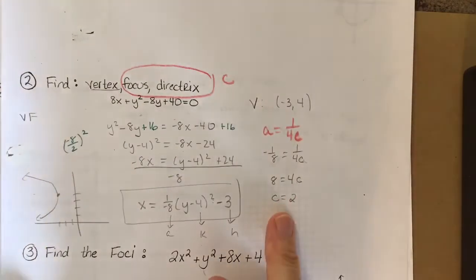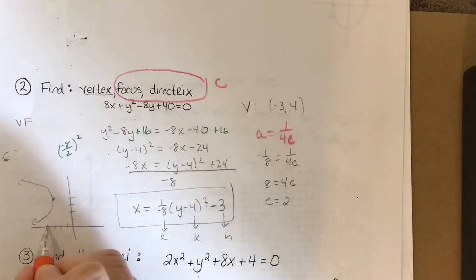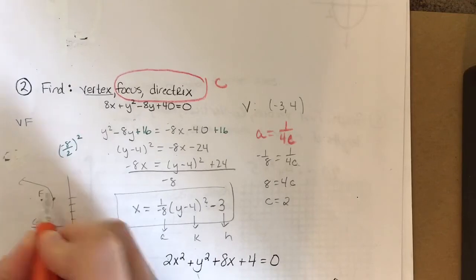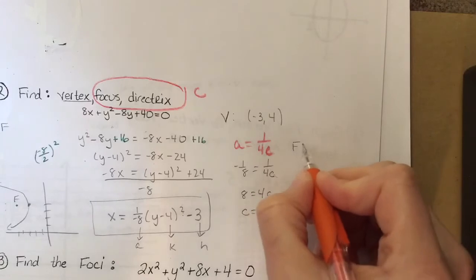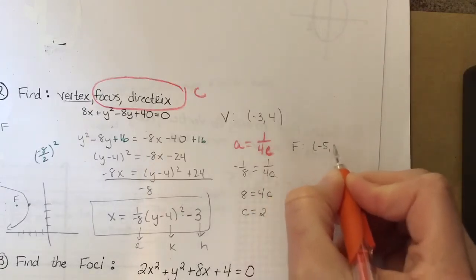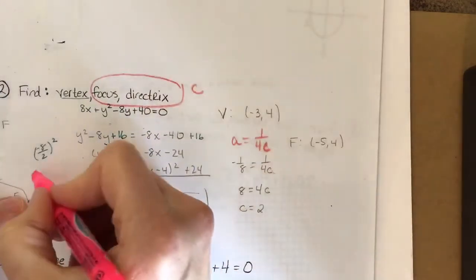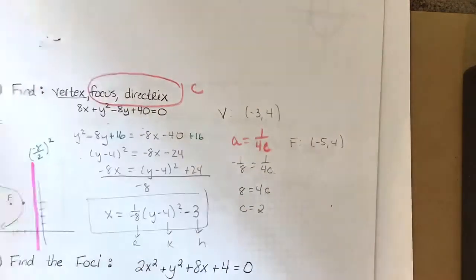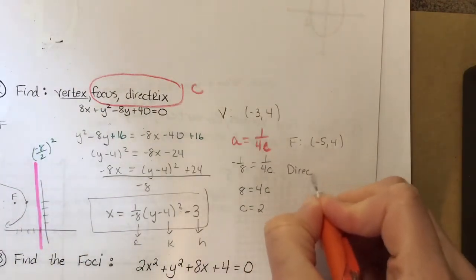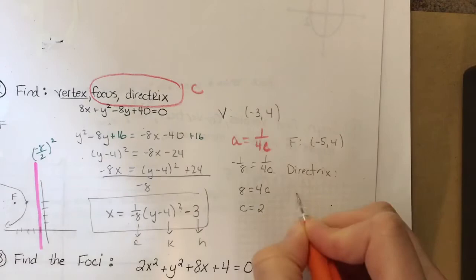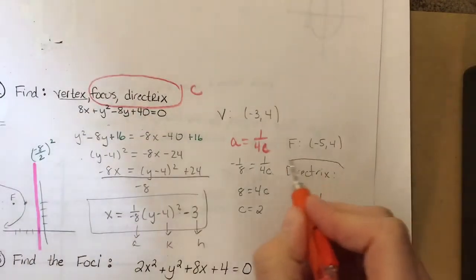So where is the focus? The focus is inside the parabola, 1, 2 to the left. So negative 3, negative 4, negative 5. The focus is negative 5, 4. The directrix is a line 2 behind it. What's that directrix? It is x equals, if you said negative 1, you're right. Very good.